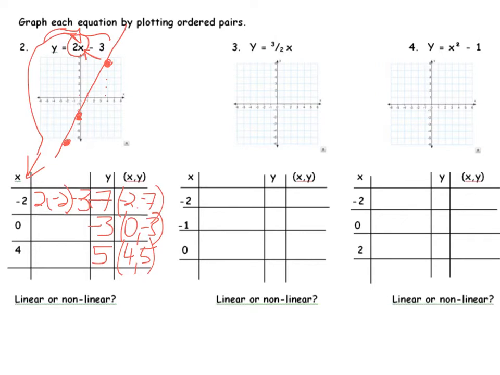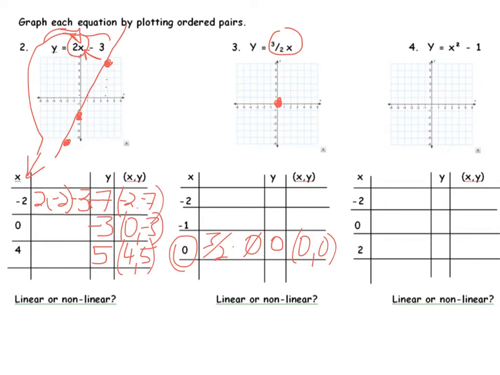This next one asks us to do 3 over 2 x. I'm going to plug in 0 first because I really like plugging in 0 first. And also because anything times 0 is 0. So I know that my point at the origin is one of the points on this line.